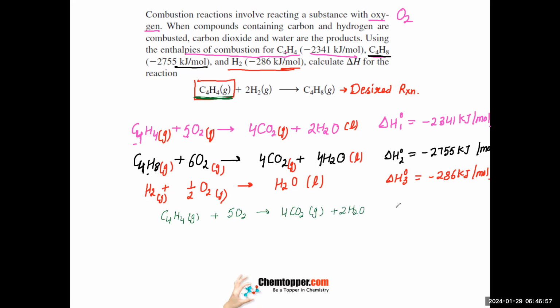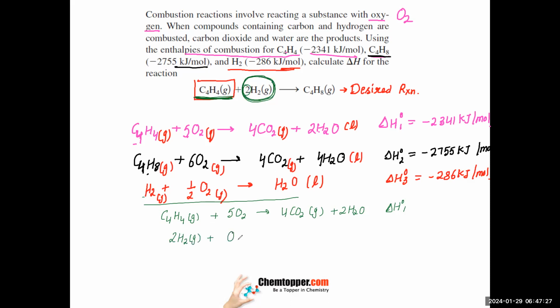2H2O, delta H naught 1. And which equation is giving you H2? Equation 3. So what should I do? Multiply this equation by, see this coefficient? 2. 2H2 gas.